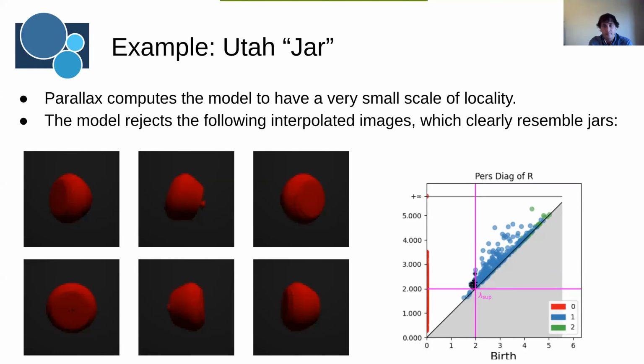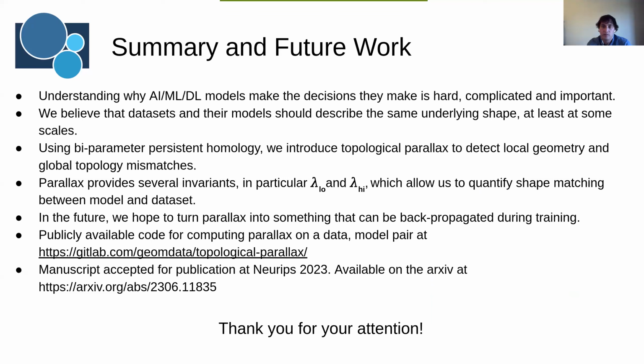To wrap up, I just wanted to summarize what we've talked about. I really think that this problem of why AI models are making the decisions they're making is hard and very important. Our contribution is to say that models and data sets should align with the geometry.